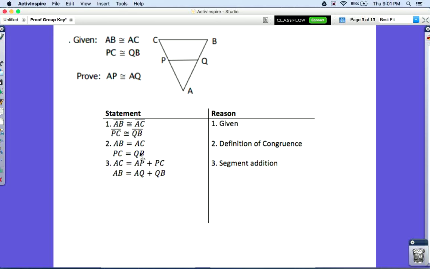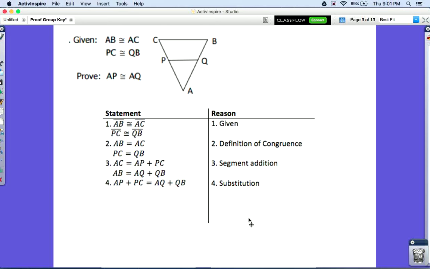So now, since we've already said that AB equals AC, we can set these two equations equal to each other. So in our next step, we will say that AP plus PC equals AQ plus QB by substitution. Now, once we've substituted, we don't have any segments that are the same on both sides of our equation.